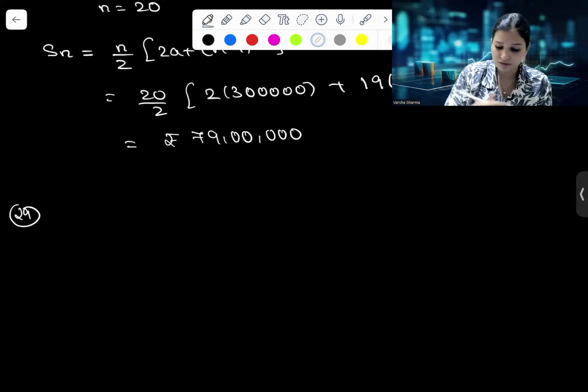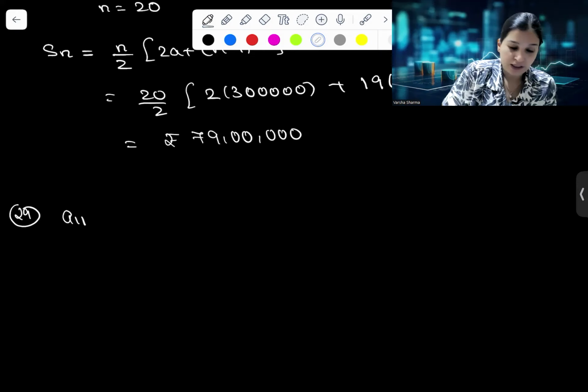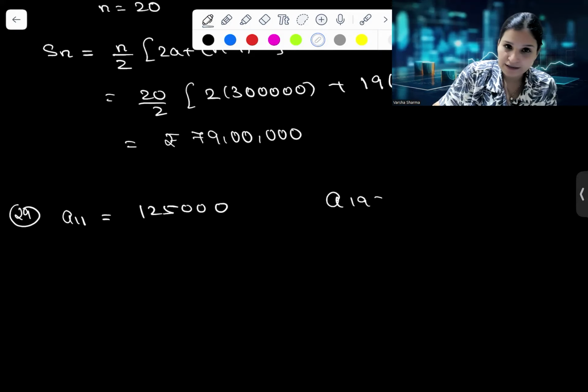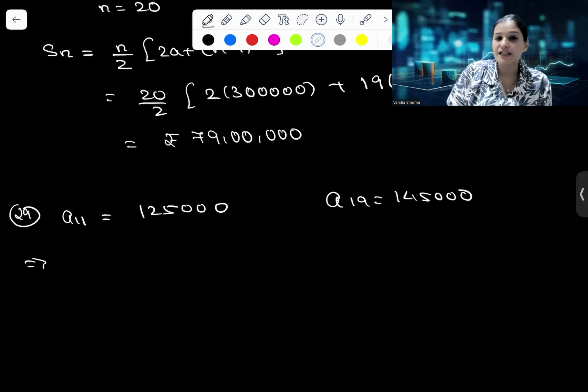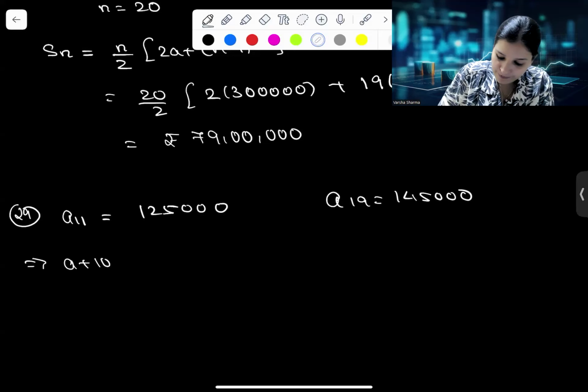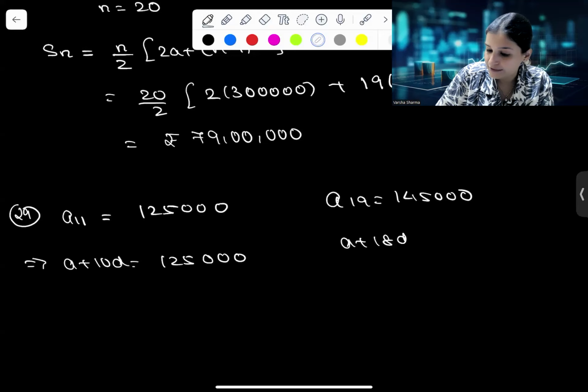A11 and A19. Very good. Thank you, Rachit. A11, 1,25,000 and A19, 1,45,000. So from here, let us first find out A and D. A plus 10D. This is A plus 18D.